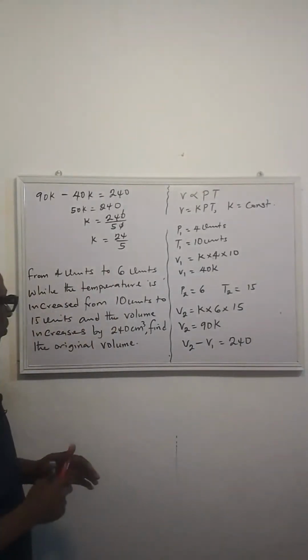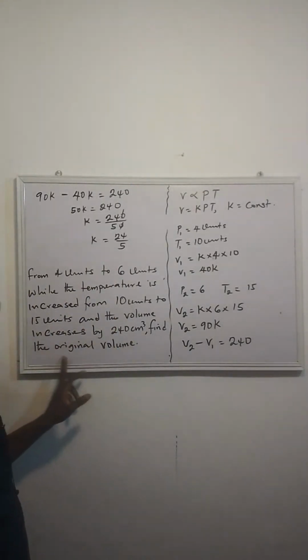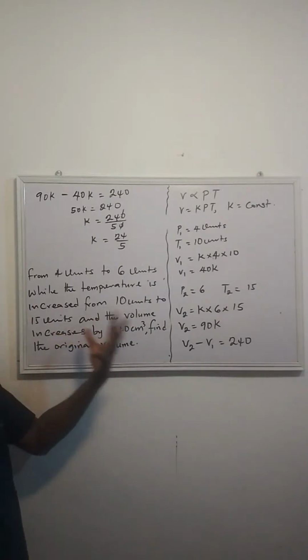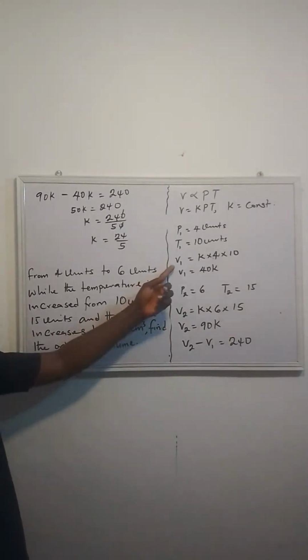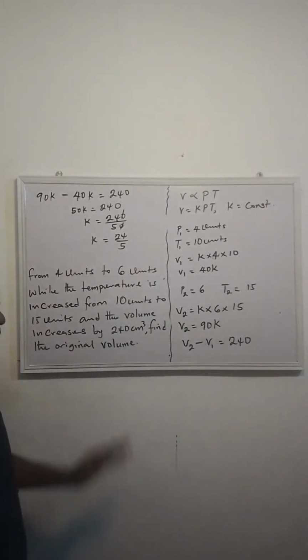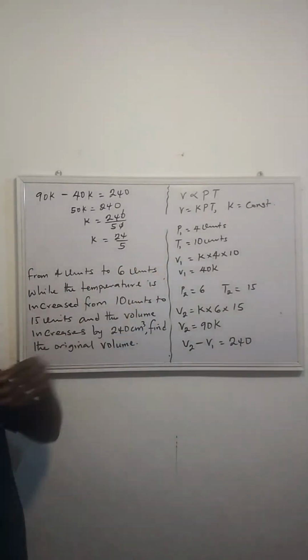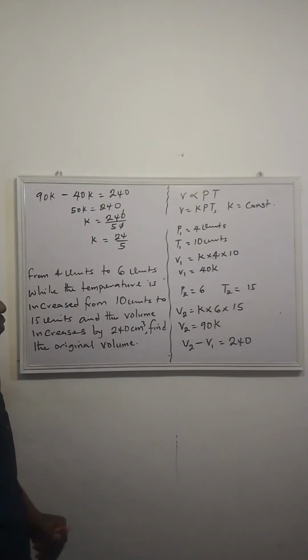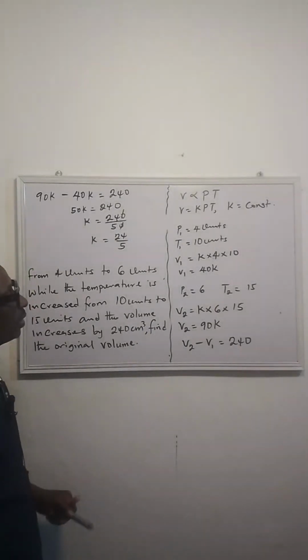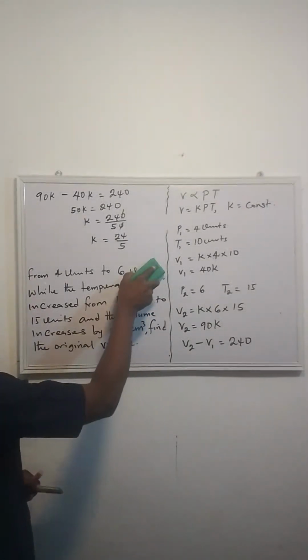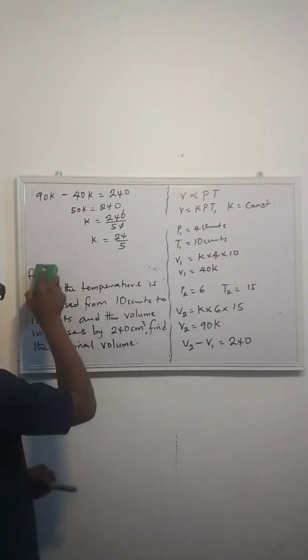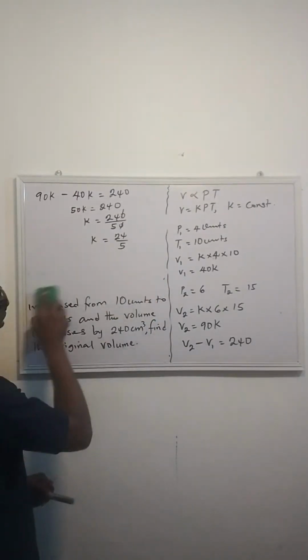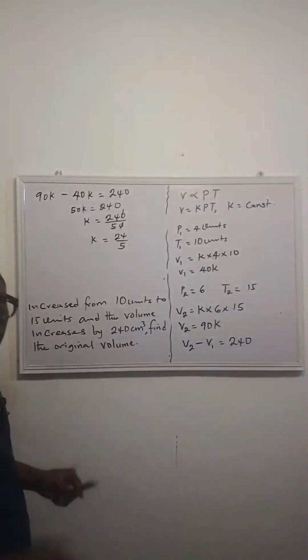The question wants me to get the original volume. The original volume is the same thing as V1, and that is what I'm going to get. Since we already know our constant, we just plug the constant into this equation.